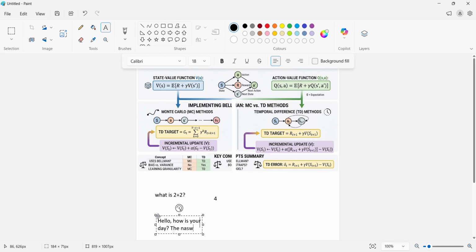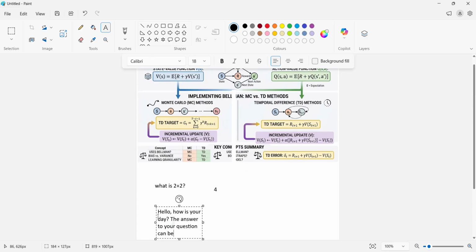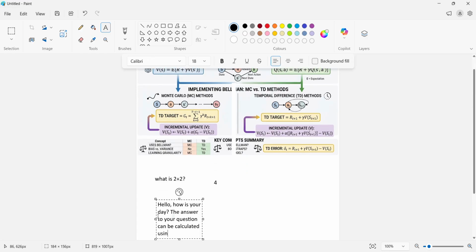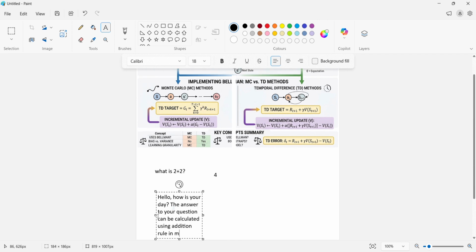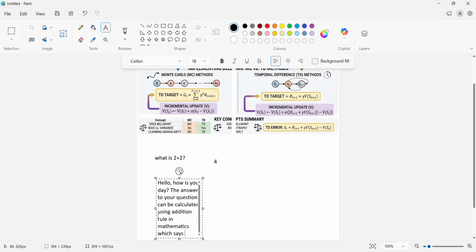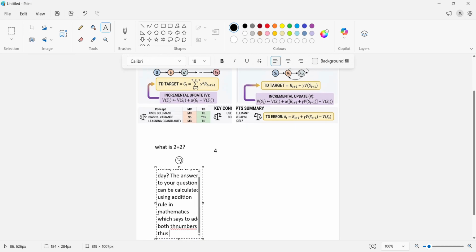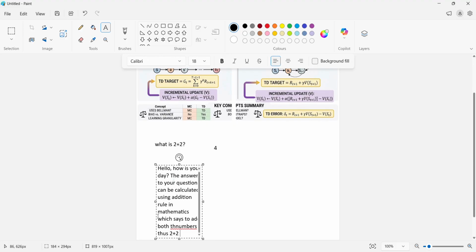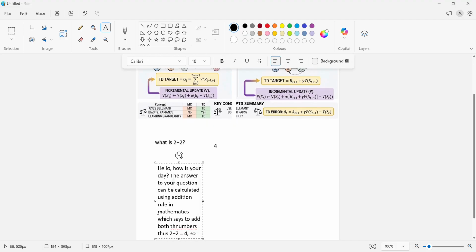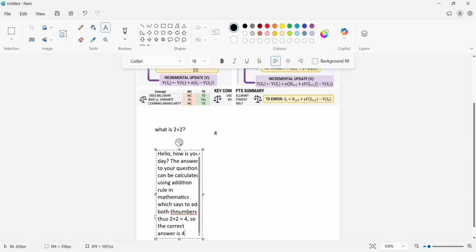The answer to your question can be calculated using the addition rule in mathematics, which says to add both the numbers. Thus, 2 plus 2 equals 4. So the correct answer is 4.